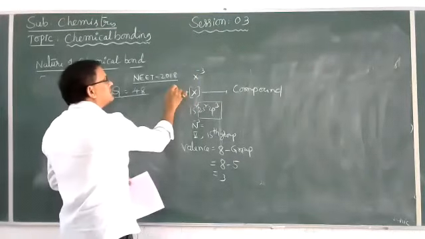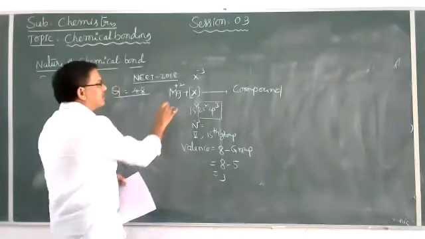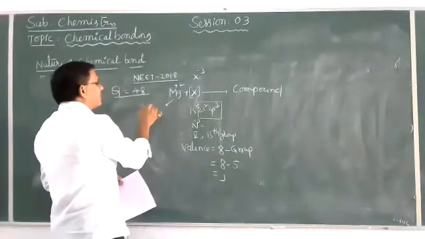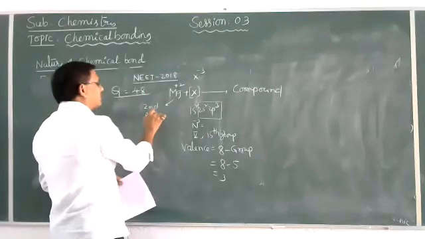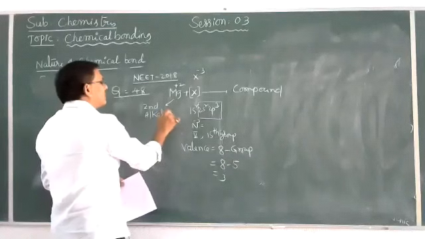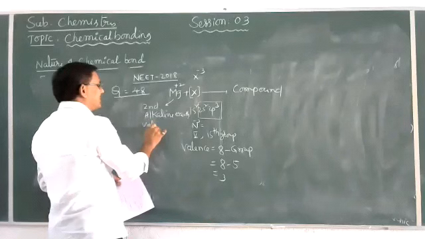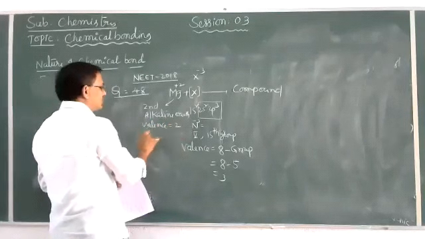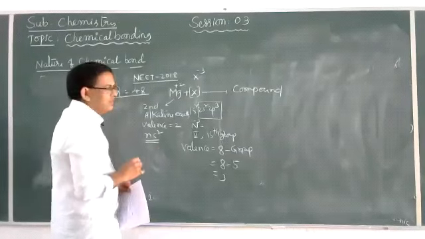Now here magnesium is a second group element and shows a +2 oxidation state. Magnesium is in the second group, that is an alkaline earth metal. The valency of this alkaline earth metal, its combining capacity, is 2, because its general electronic configuration is ns2.